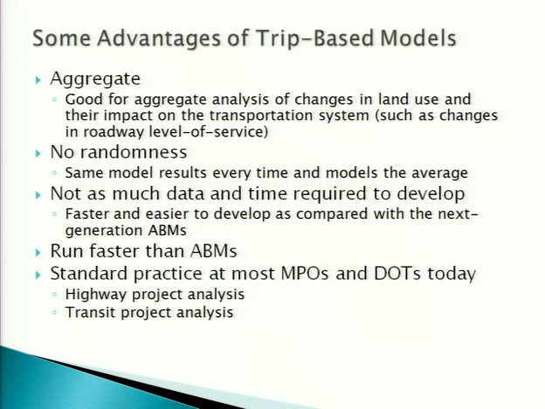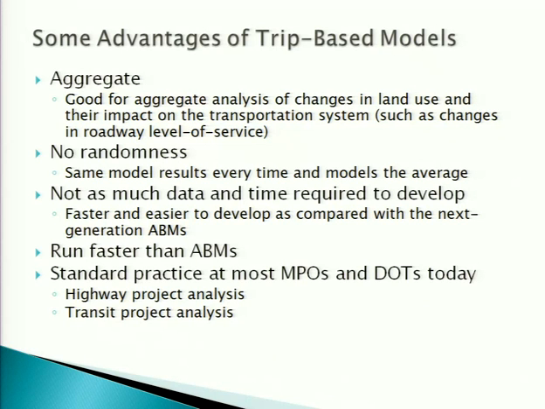So when you get all the way to the end and we put all this travel onto a network and we've chosen routes for these people, we get a number like 1,200 people are on this road, and our traffic count says 1,000. Sometimes it's difficult to go back and figure out who exactly those 1,000 are, why are they on the system, where are they going, what's the age of those travelers, things like that.